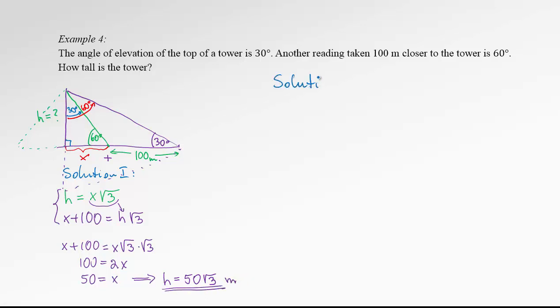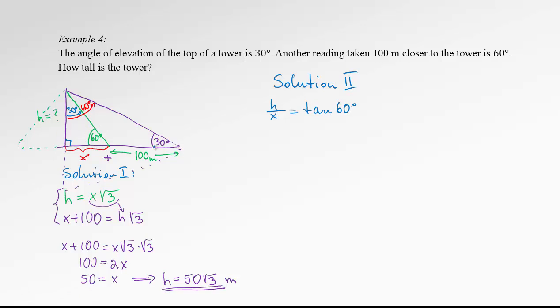Okay, now let's see the solution without the use of special triangles. Again, we'll introduce this variable x as before, this distance over here, and we are going to set up a system of two equations. One equation for each triangle. Starting with the small triangle, we can say the ratio of h over x is the same as tangent of 60 degrees, tangent 60.